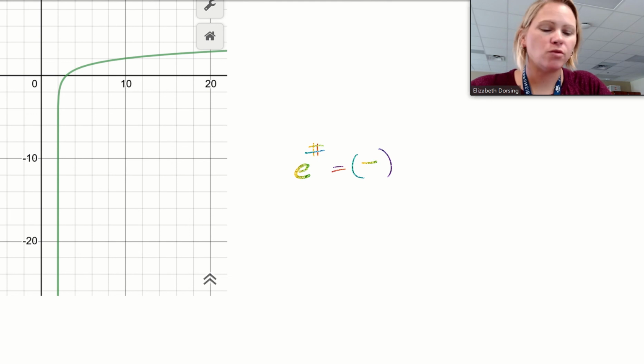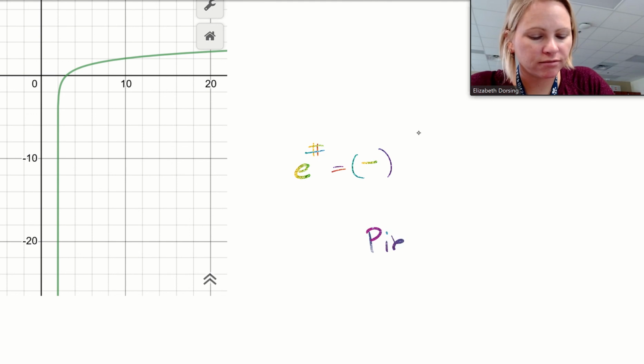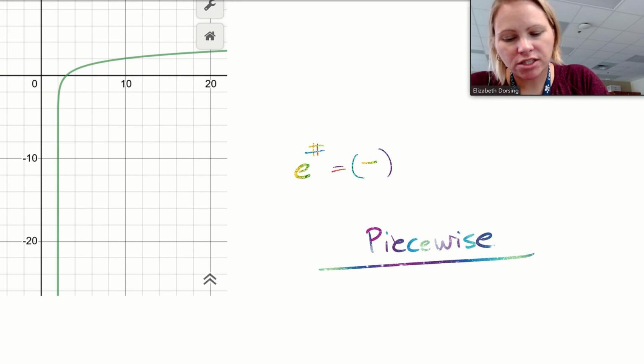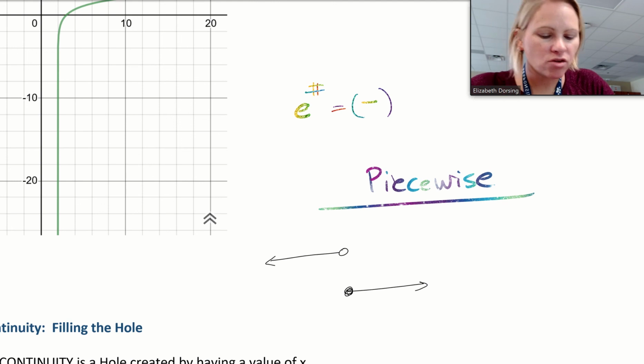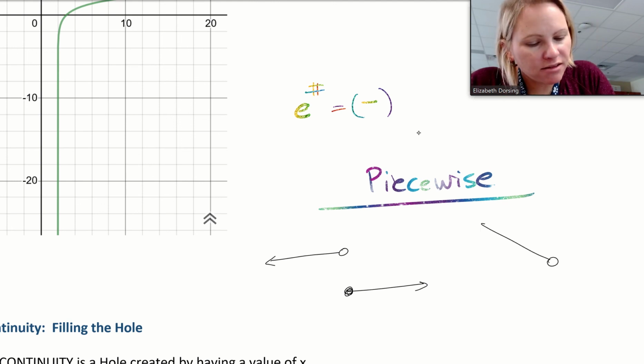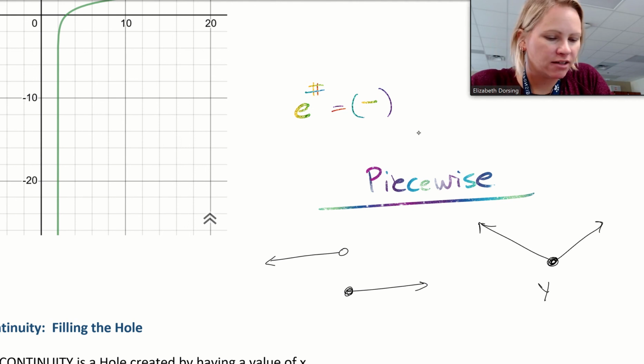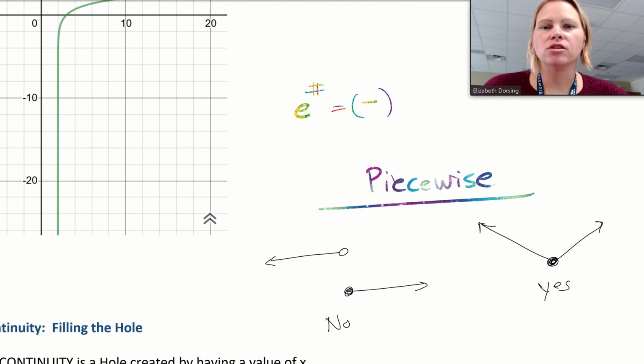Now, just to make sure that we really drive this home, an example of a function that is not continuous everywhere would be a piecewise function. So it's possible that you'll have a piecewise function that maybe is not connected. So this would be a discontinuous function. But if it's connected, and as you're graphing it, not all piecewise functions are going to be discontinuous.